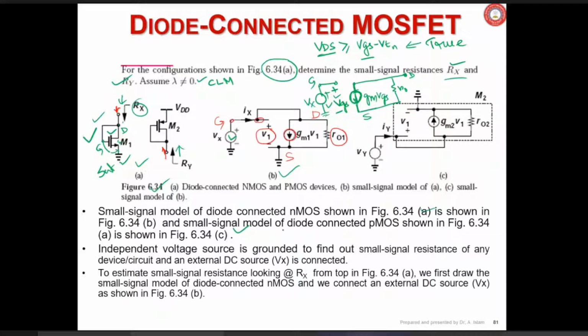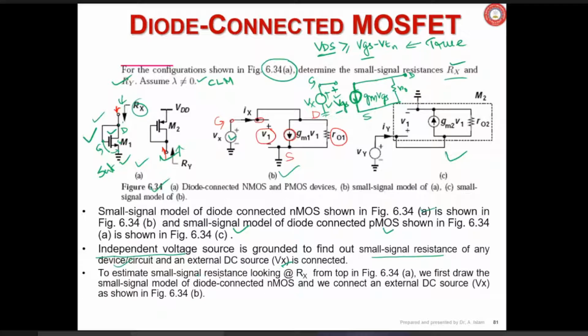A small signal model of a diode connected PMOS is shown in this figure, just drawn in reverse. To find the small signal resistance of any device or circuit, the independent voltage source is grounded and an external source Vx is connected. If any independent voltage source was there, it has to be grounded.